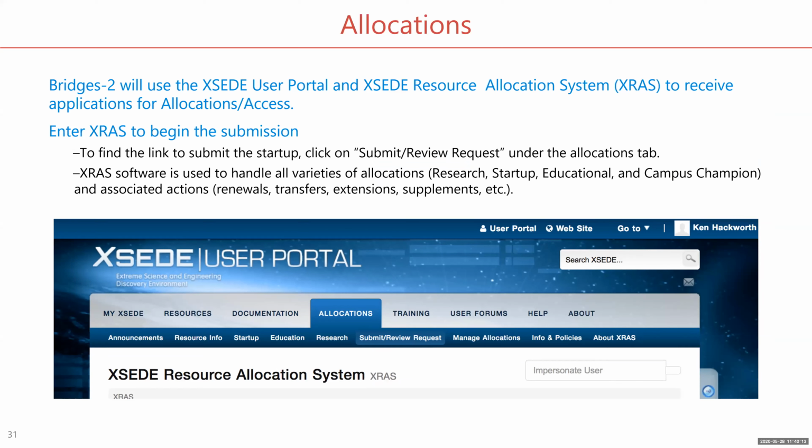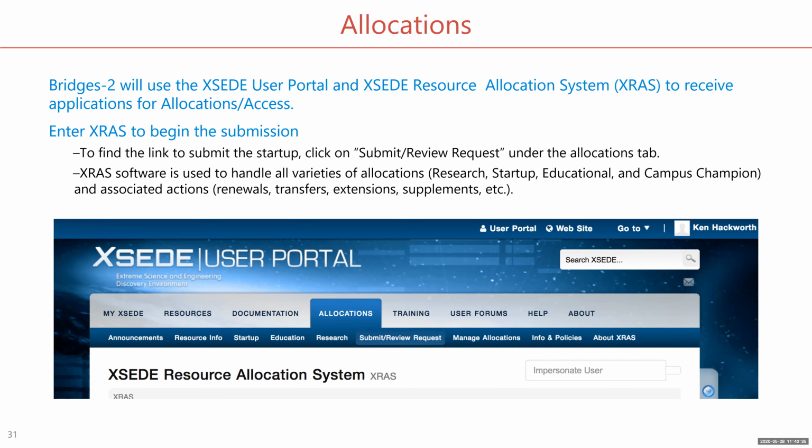Here you'll see that for Bridges-2 we use the Exceed user portal, the Exceed resource allocation system, or XRAS as we call it, to receive applications for allocations and access. So once you have your portal account, go to the allocations pages, and then below that, submit/review request.